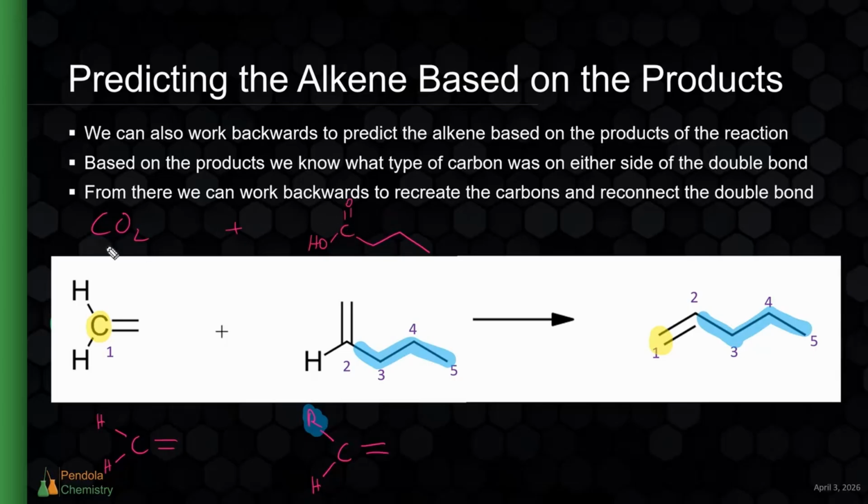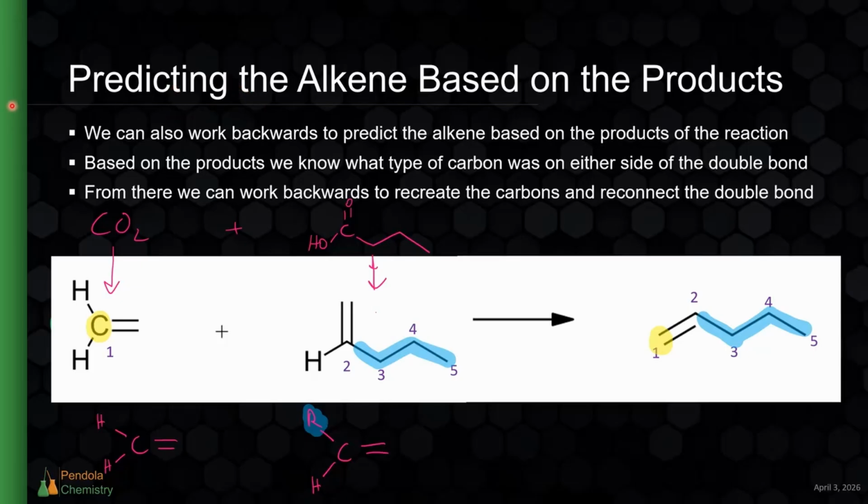And again, that product was the result of this part of the alkene being broken and oxidized. And the carboxylic acid was a result of this part of the alkene being turned into an aldehyde and then into a carboxylic acid. So that's how we figure out the reactant, the alkene that is the cause of the products here. Whereas earlier we saw how we figure out the product from the alkene.